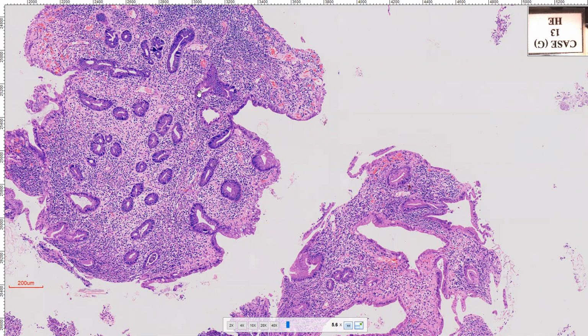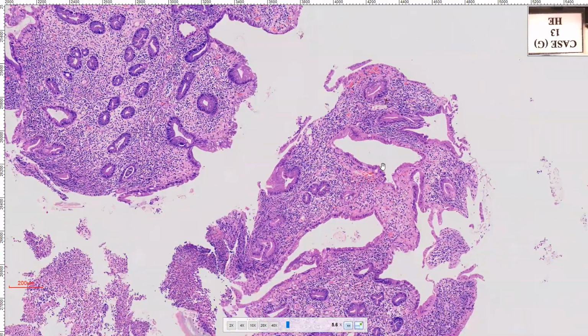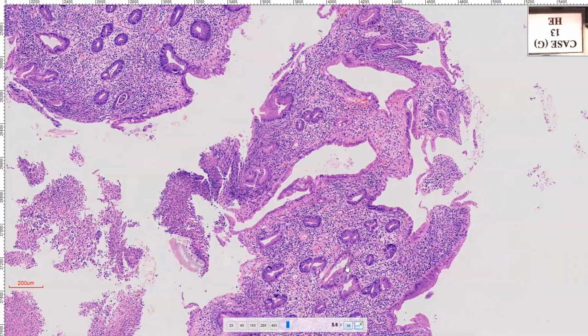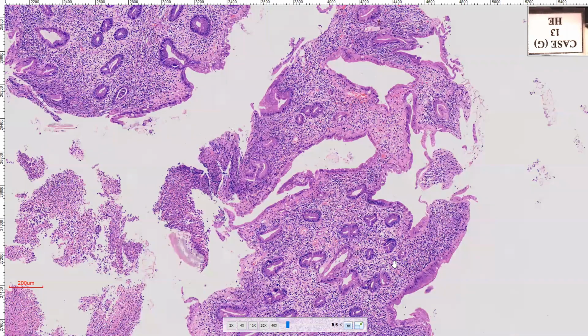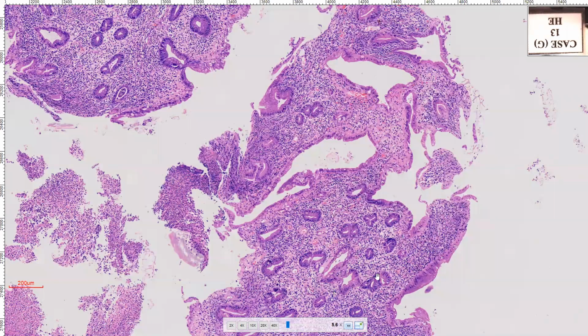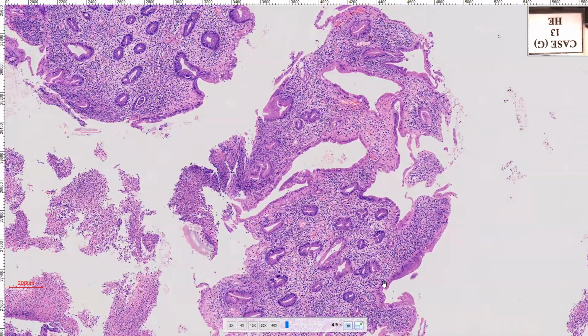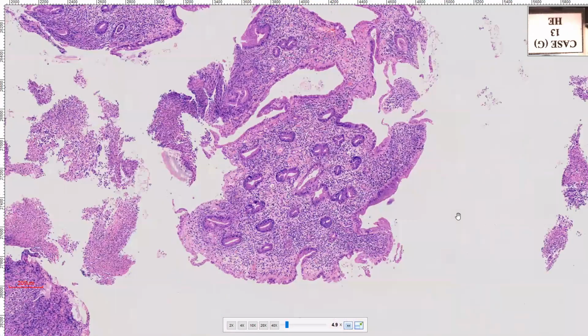But here we are seeing crypts which are showing branching. We have crypts which are irregularly dilated, and there are other crypts showing abnormal shapes like this. So this is definitely crypt architectural distortion, and these features in themselves will tell you that these are features of chronicity.